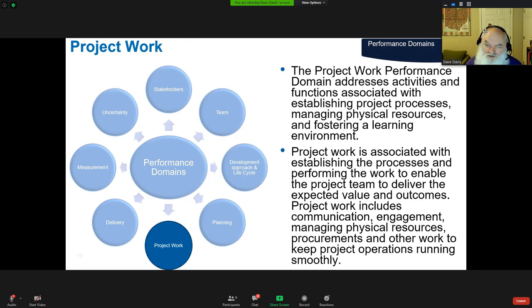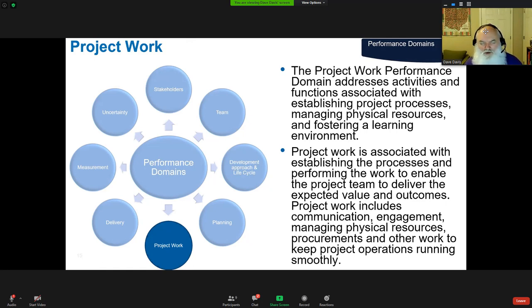And project work is associated with establishing the processes and performing the work to enable the team to deliver the expected value. And it does include some traditional, I'll say, knowledge areas with communication.